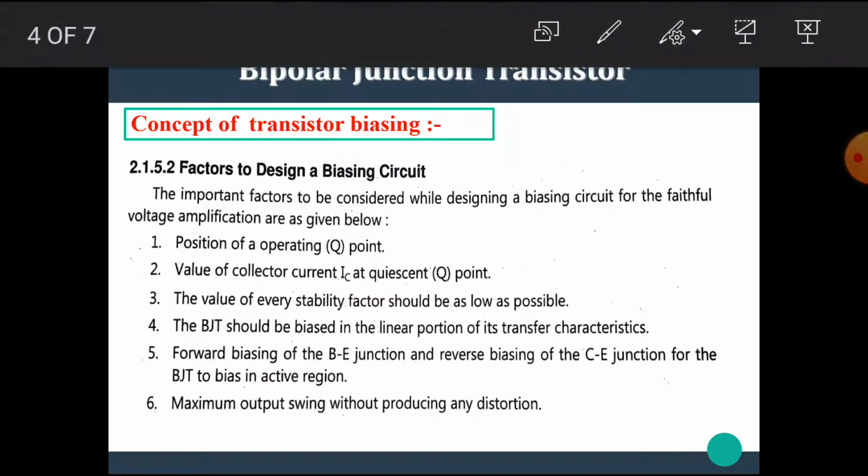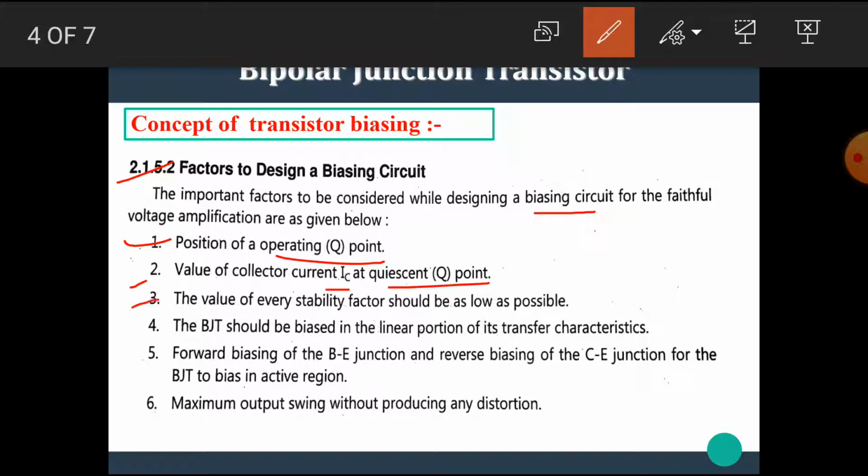Now let's see the factors to design a biasing circuit. The important factors to be considered while designing a biasing circuit for faithful voltage amplification are given below. First one is the position of the operating point or quiescent point Q, the value of the collector current IC at the quiescent Q point.